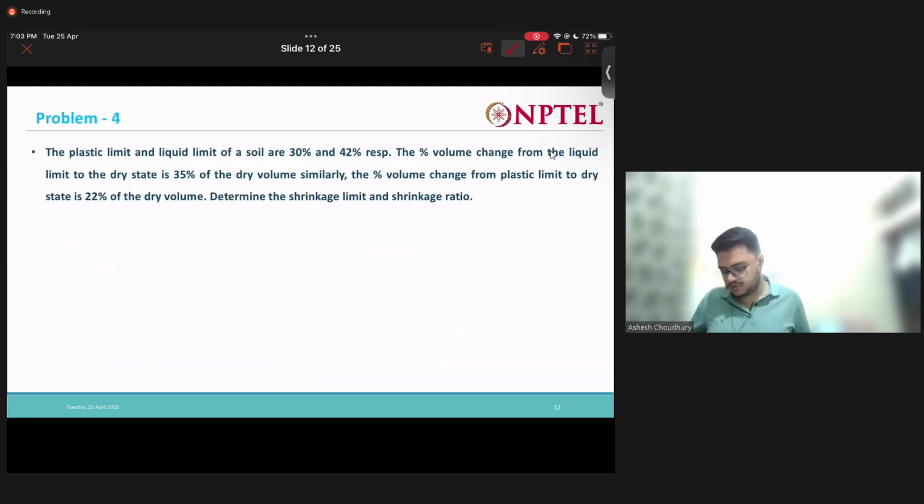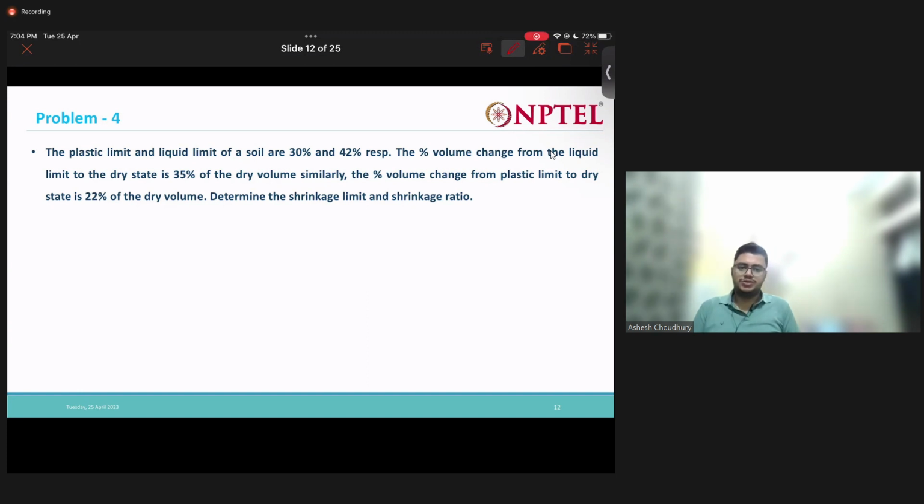So let us now move to the other problems. We are moving to the first chapter, index properties and soil properties. The plastic limit and liquid limit of a soil are given as 30% and 42%.